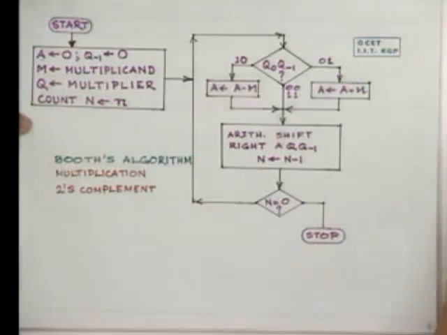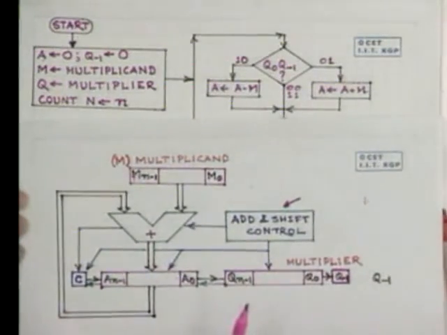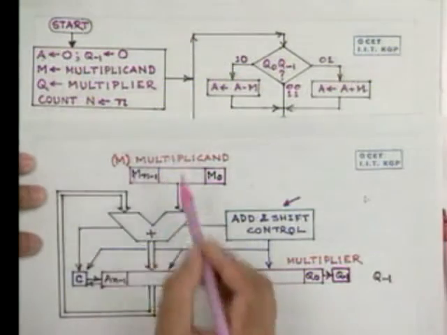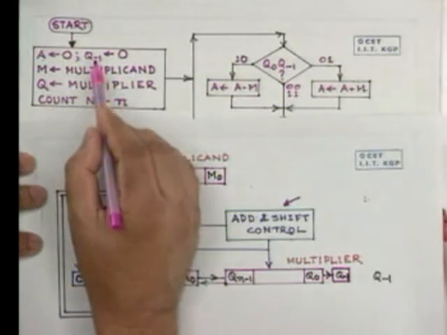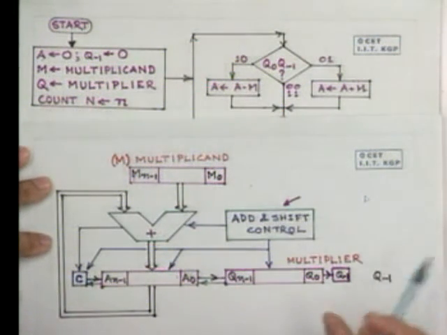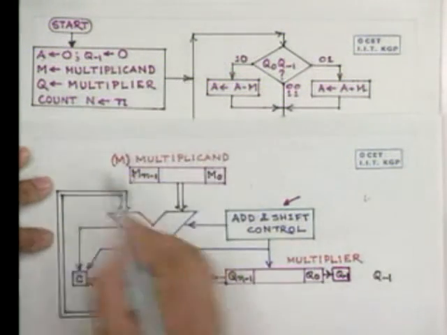Once more, say that we use the same basic hardware. The initialization that we do once more is that the A register is cleared. The Q minus 1 register is used in this case, and that Q minus 1 register is initialized to 0.